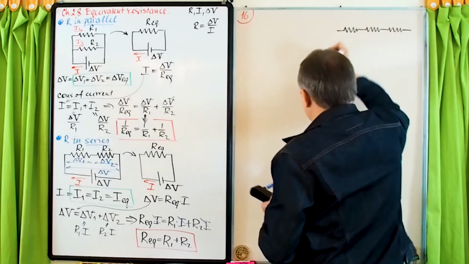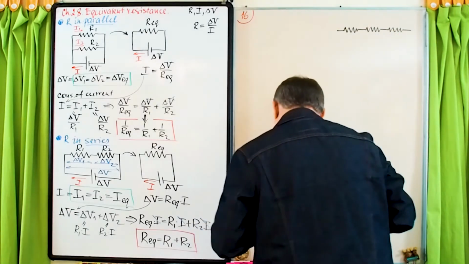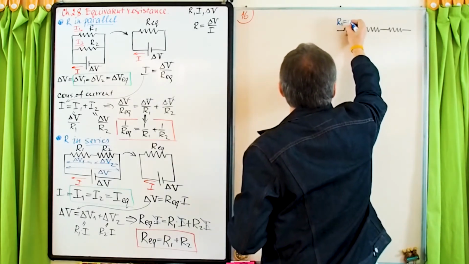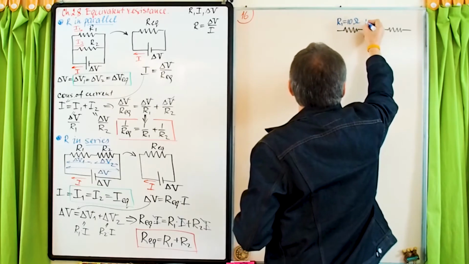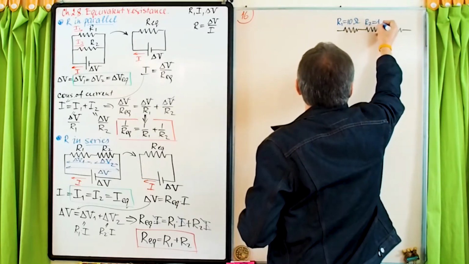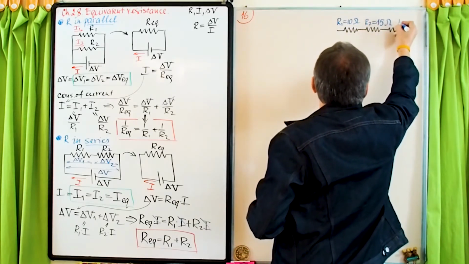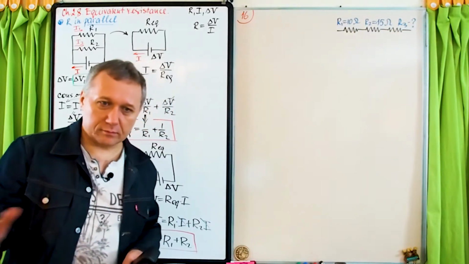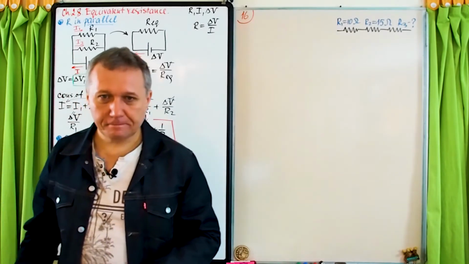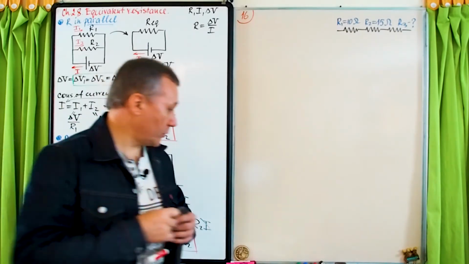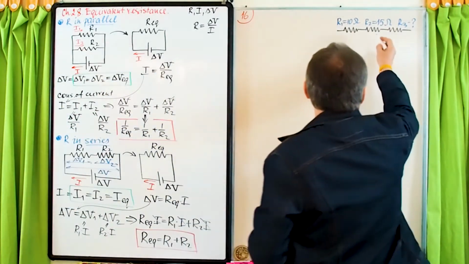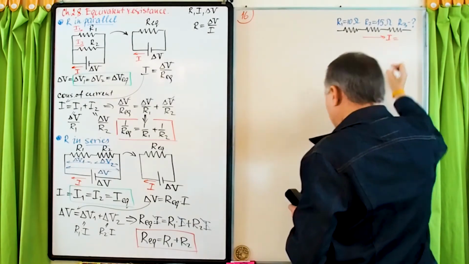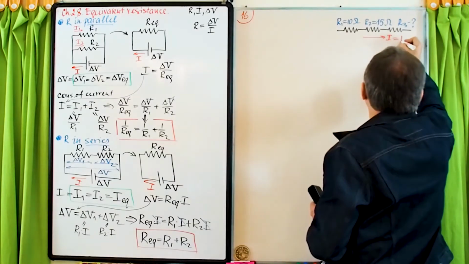Let's say this is R1, 10 ohms. This is R2, 15 ohms, and R3 is not known. I know, the label was erased. But it's not the whole story. What else do we know? We know that the current flowing through this structure, I, is 100 milliamps.